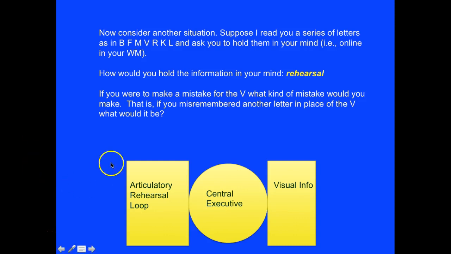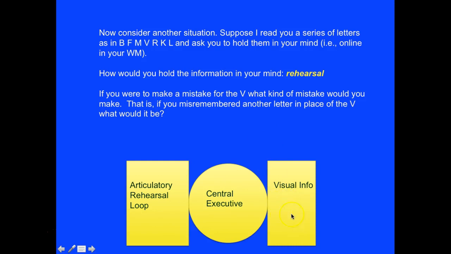Now think about it. The letter E is flashed over here. Why would it make sense that you'd mistake it for an F? Well, it makes sense if you think that working memory has kind of a bias toward visual imagery, but what I said before is it doesn't.